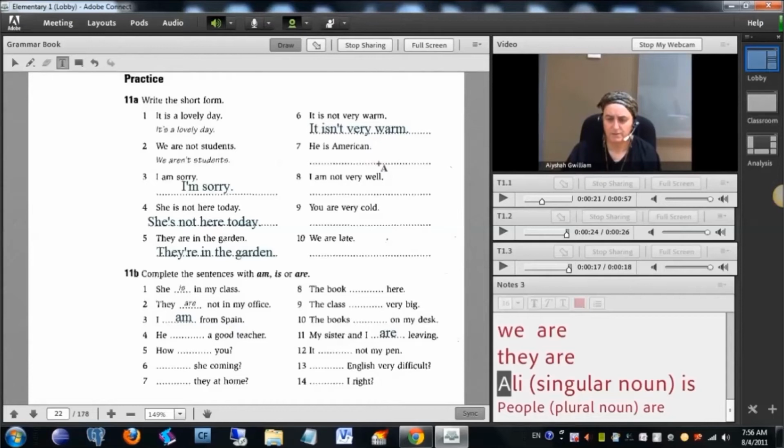The next one. He is American. He's American. Full stop. Good. Number 8. I am not very well. I'm not very well. Very good. And number 9.